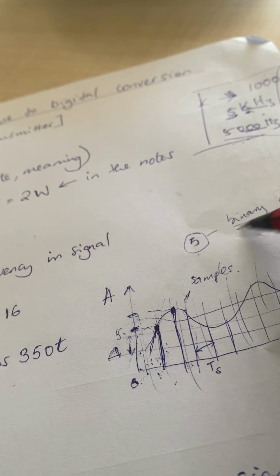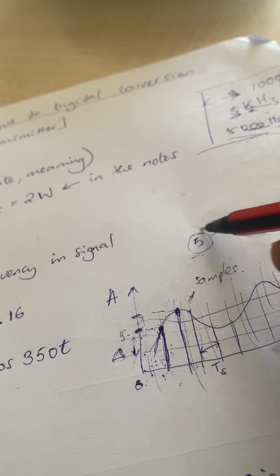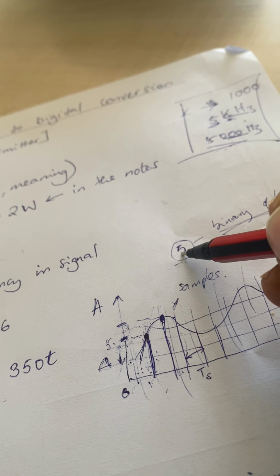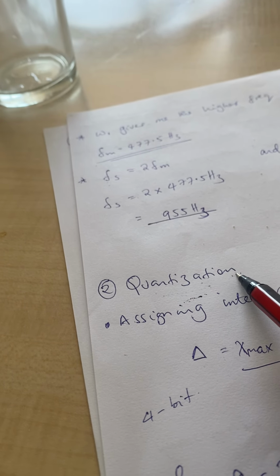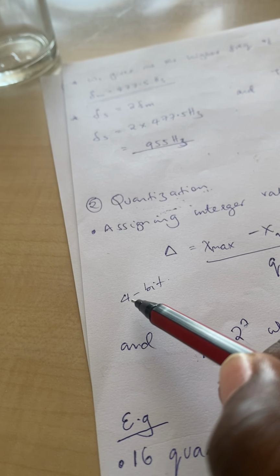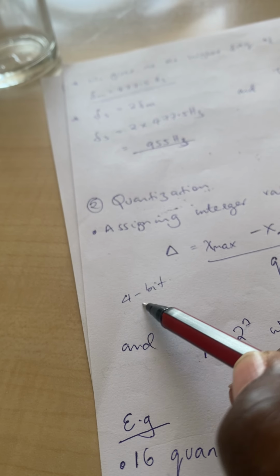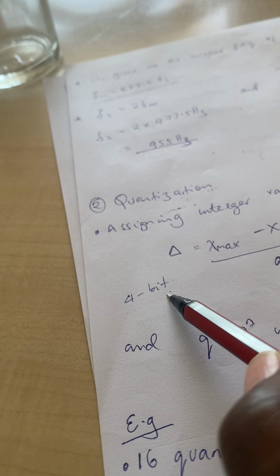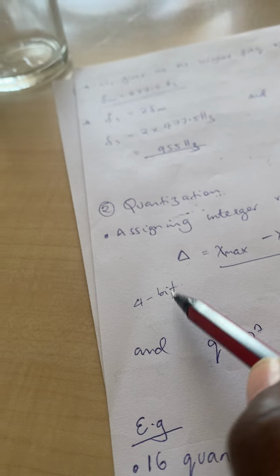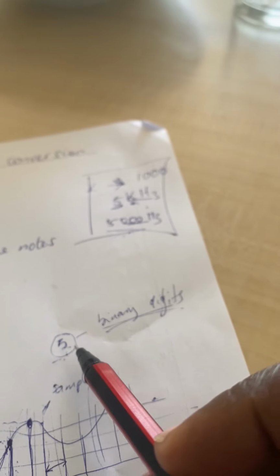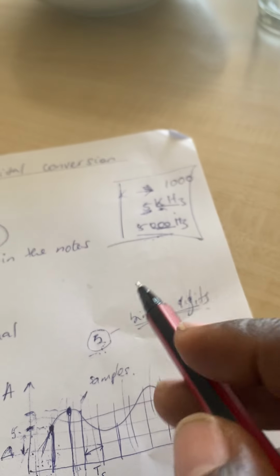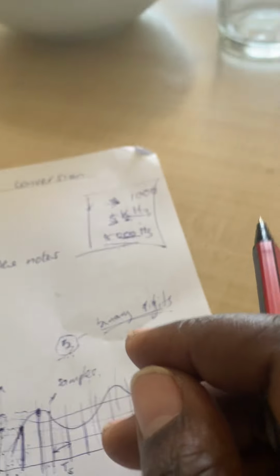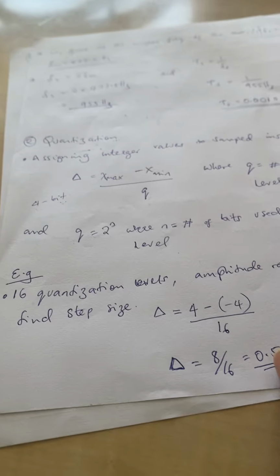Now the number of digits that is being used to represent that 5 will be determined by the type of quantizer that you're using. So if you have been told that the quantizer that you are using is a 4-bit quantizer, that simply means that it uses 4 bits to represent a 5. So under encoding, this 5 will not just be 5 like that, you have to represent it in binary form.